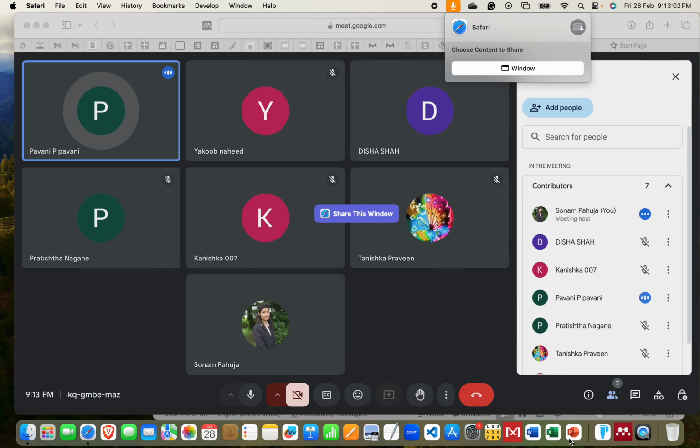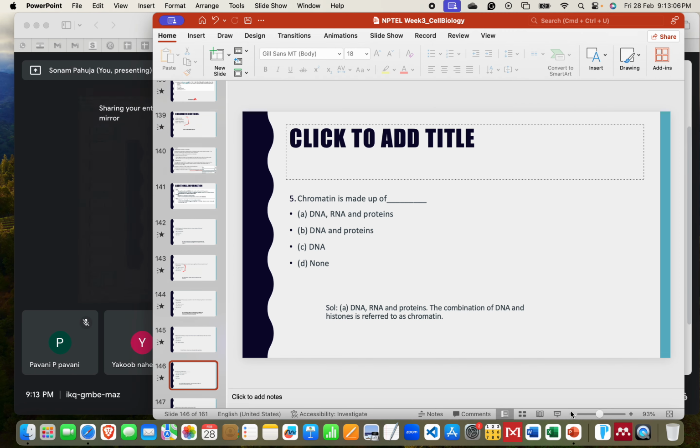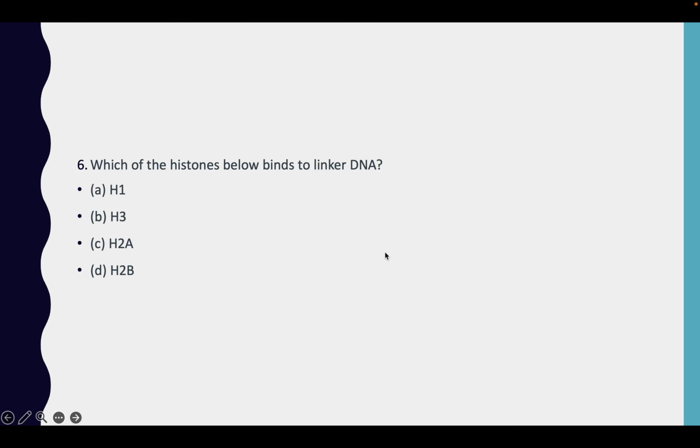Question not showing, ma'am. DNA, RNA, and proteins, ma'am. Next, which of the histones below binds to linker DNA?